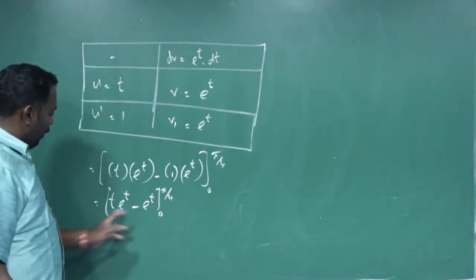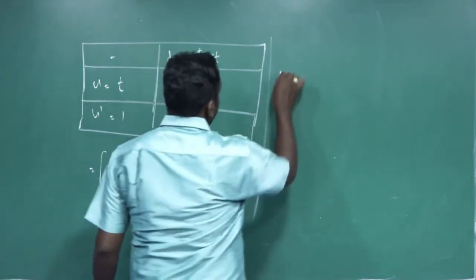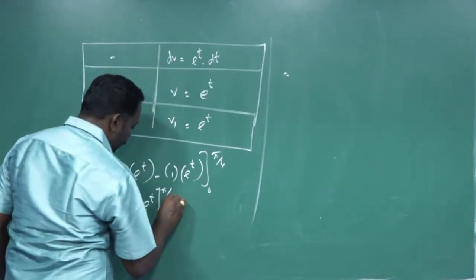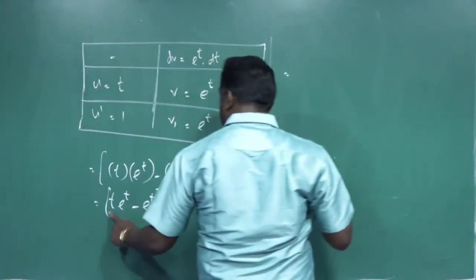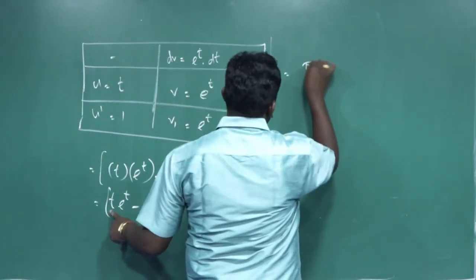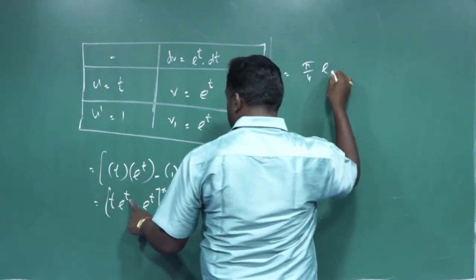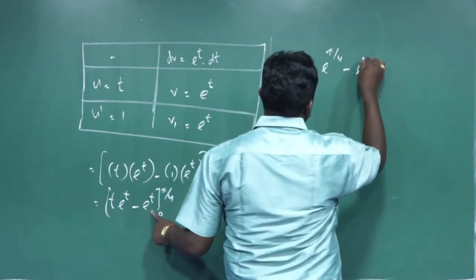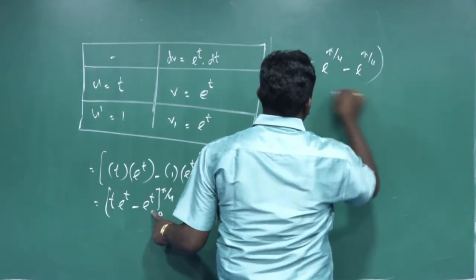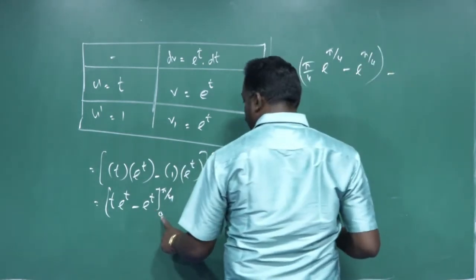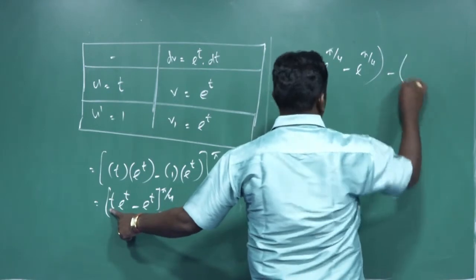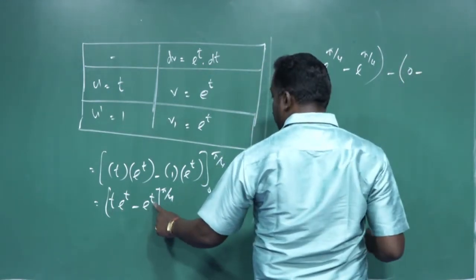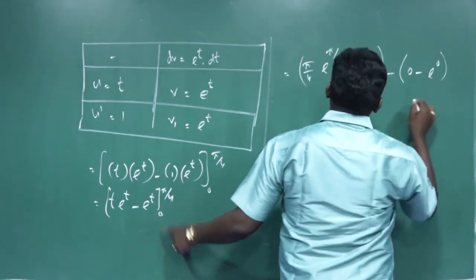Now just substitute the upper limit and lower limit values. Upper limit equals pi by 4. Substituting t equal to pi by 4: pi by 4 into e power pi by 4 minus e power pi by 4, the upper limit value, minus the lower limit value. At 0, 0 into any term becomes 0, minus e power 0.